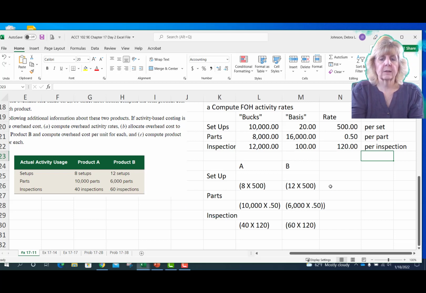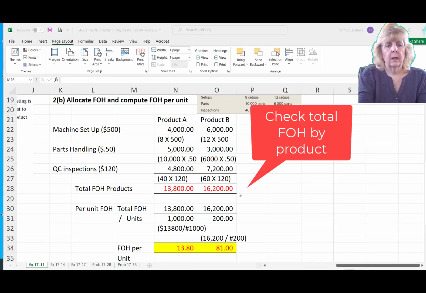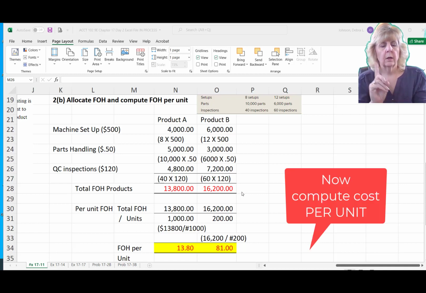Push the costs out. I'll let you do the math, add them up, and then let's compute how much overhead per unit would be. Let's check our math and make sure that we appropriated $13,800 to product A and $16,200 to product B. We need to figure out how much each one of those products incurred in overhead.